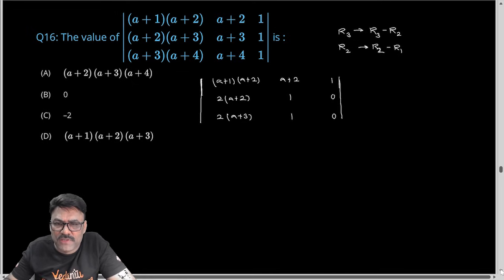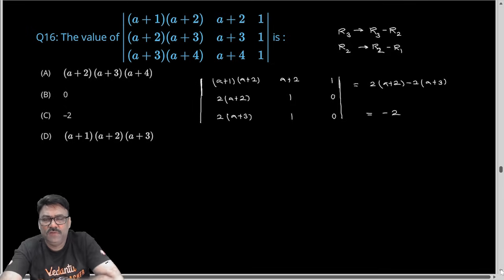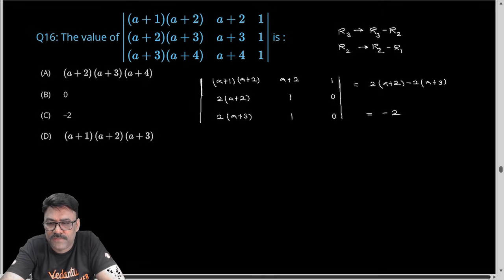Expansion will be 2 times a plus 2 minus 2 times a plus 3. So it is 2a plus 4 minus 2a minus 6. So minus 2 should be the correct answer. Very easy. Option C is the correct option here.